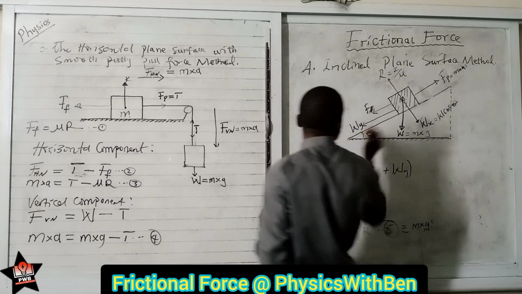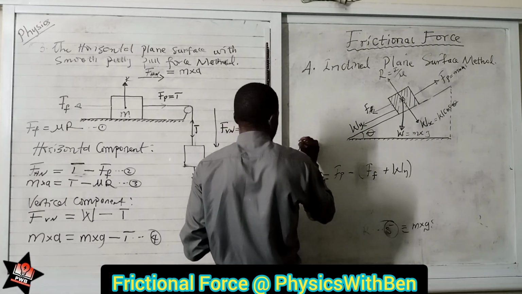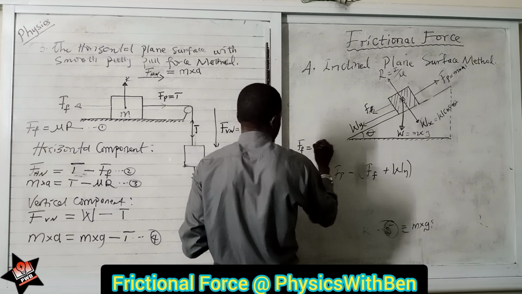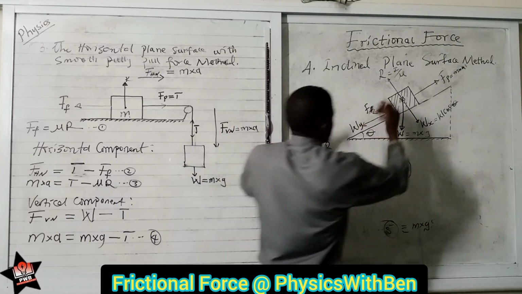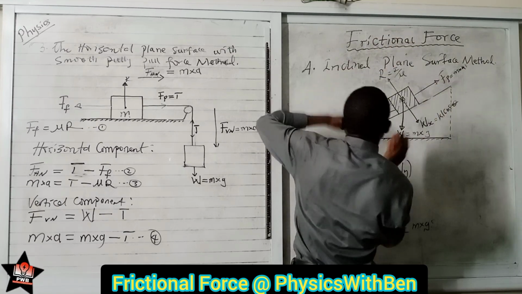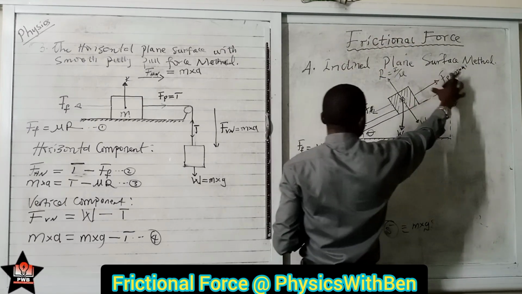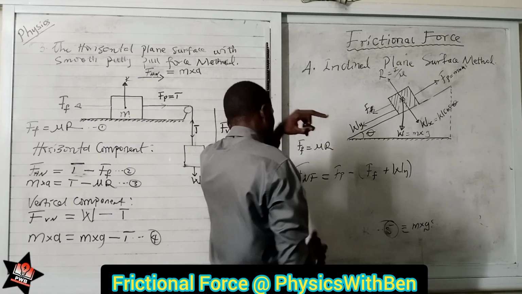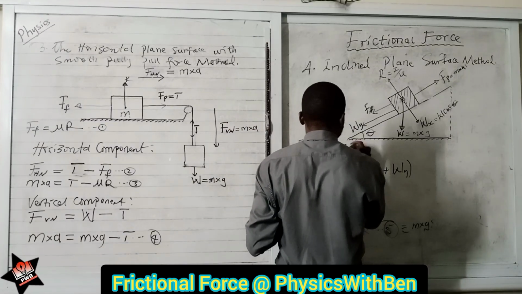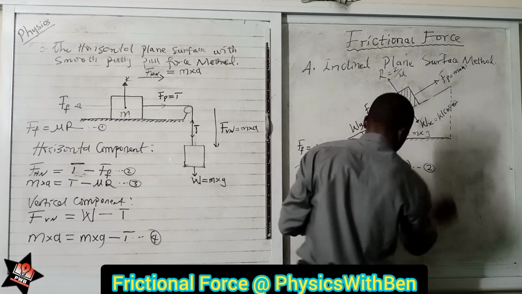So we write that our frictional force is always equal to mu R. So the net force in this direction in pulling that object up is this pull force minus this force and this force. So we call this equation number 1, we call this equation number 2.